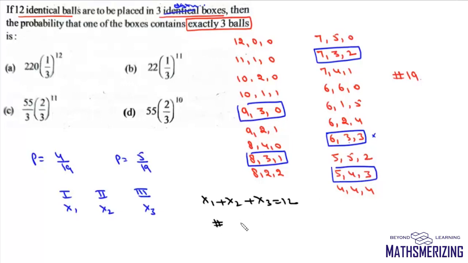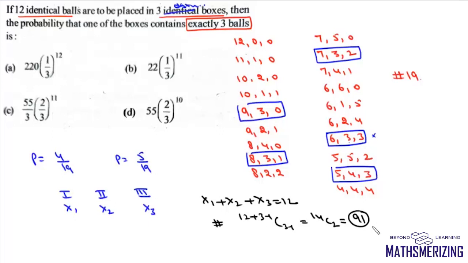So the total number of ways of distributing these 12 balls in 3 distinct boxes will be n plus r minus 1 C r minus 1, that is 14C2, which is 91. So that's our total cases.